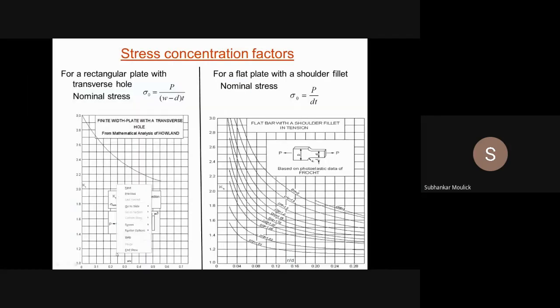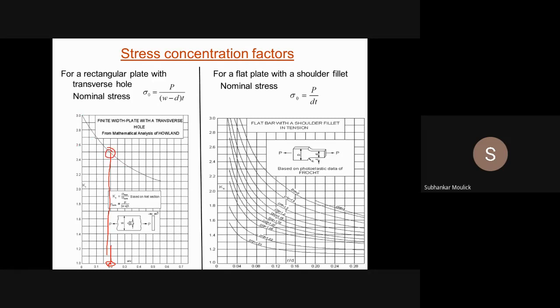The value is 0.2, exactly this value. To get Kt, I have to go vertically upward till the intersection point of this graph, that means this point.